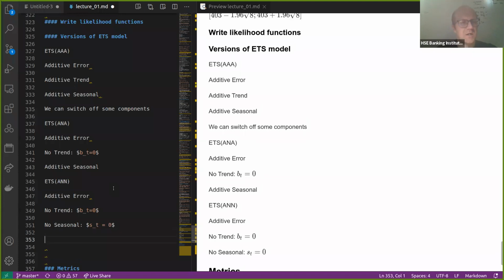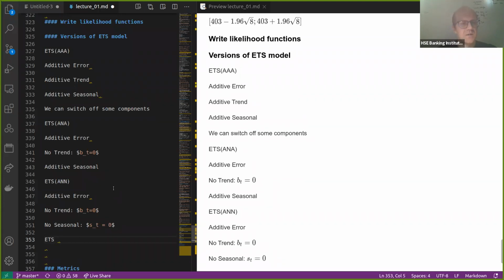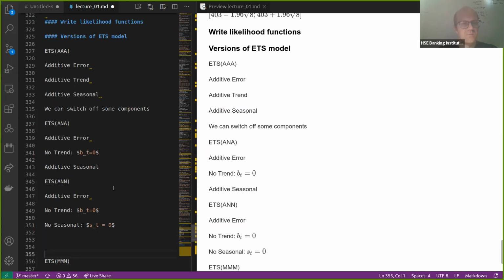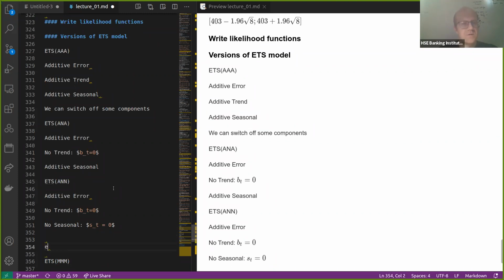Let's consider something like ETS MMM, where everything we can consider as multiplicative components.